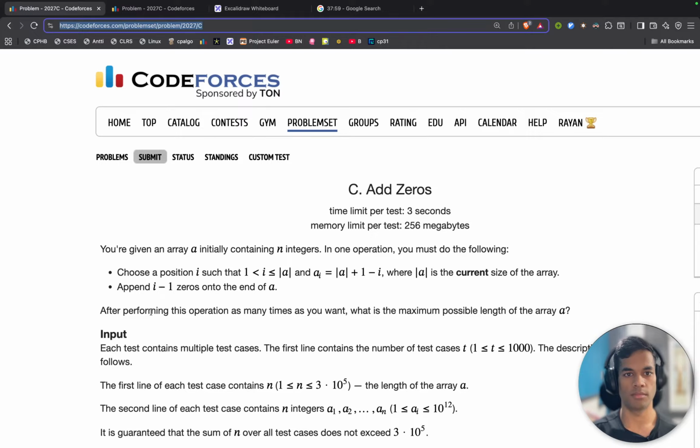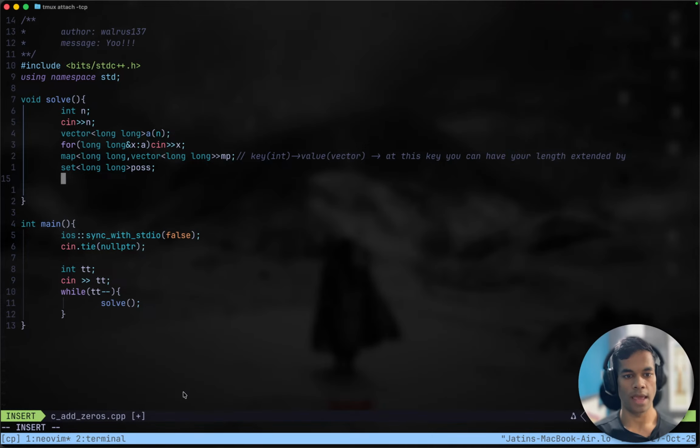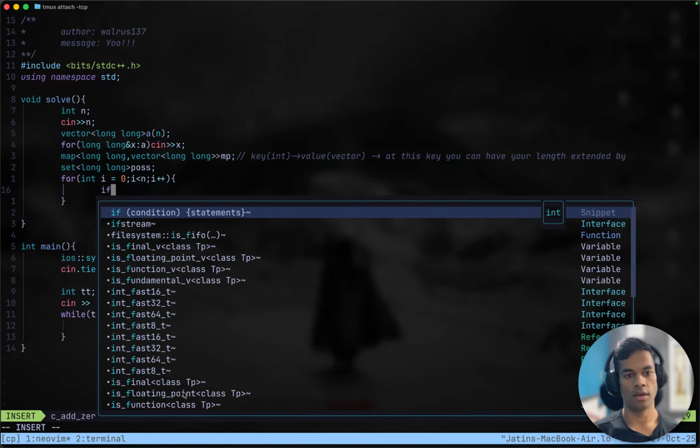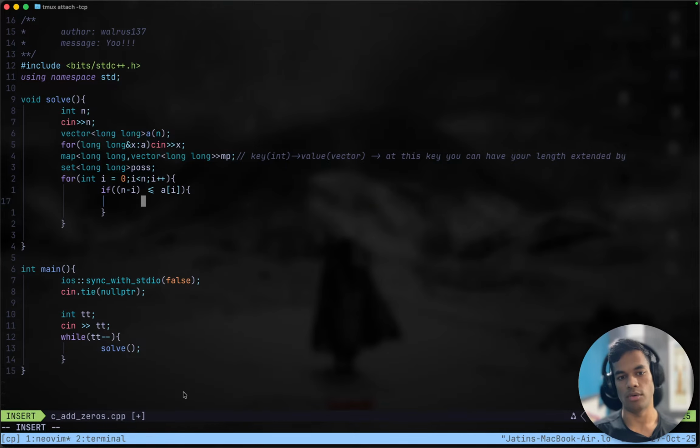This is the question. You can read this. And yes, after we have this, now we will fill our map, for int i equals 0, i less than n, i plus plus. If we have n minus i elements on the right, and a[i], the current element, has to be equal to or greater than this.